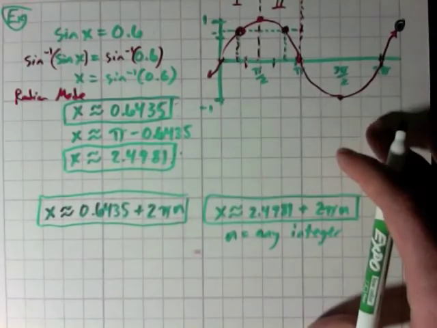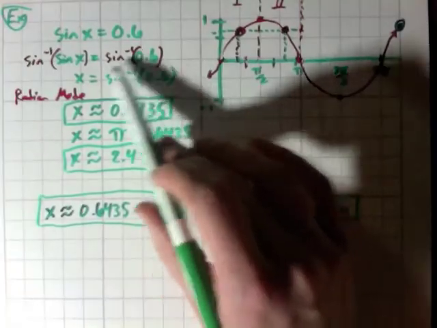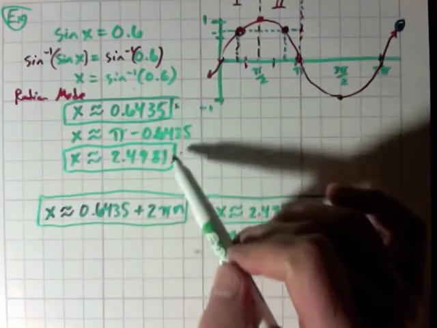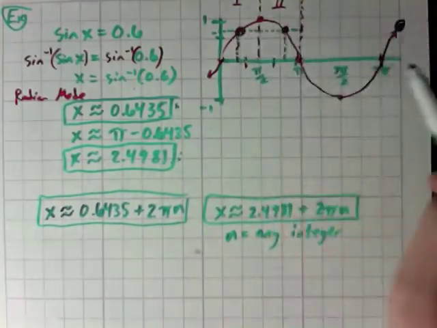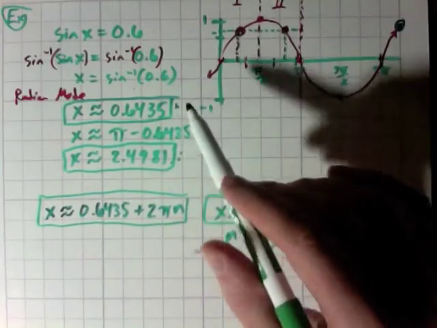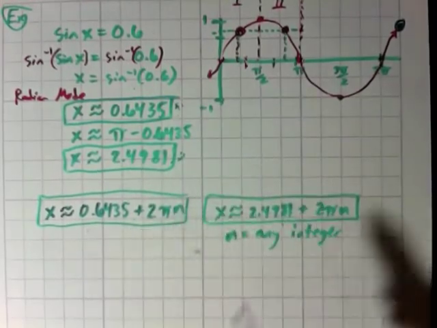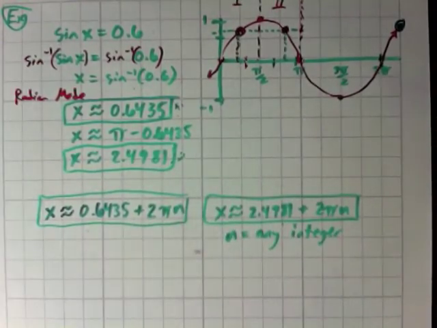Alright, so this is how we could, using inverses, find the reference angle and the other angle, which would occur within one period of our trig function, and then using both of those angles we can find all solutions to our problem, considering there would be infinitely many along the sine wave. Alright, so I look forward to seeing you guys next example.